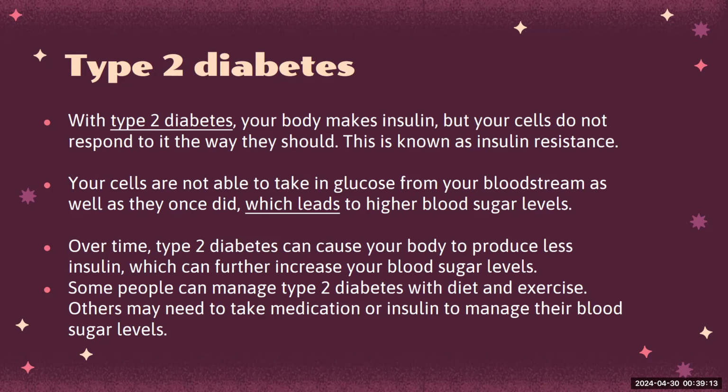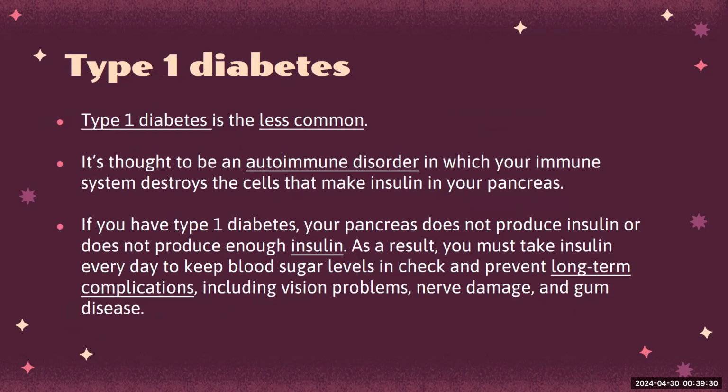In diabetes 2, we can use some tablets or regular medication to manage the diabetes. But in diabetes 1, we have to take insulin daily to keep our blood glucose level at a normal rate.